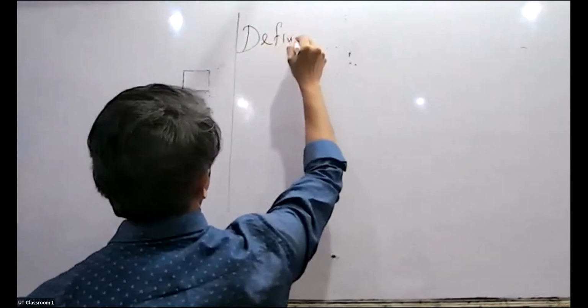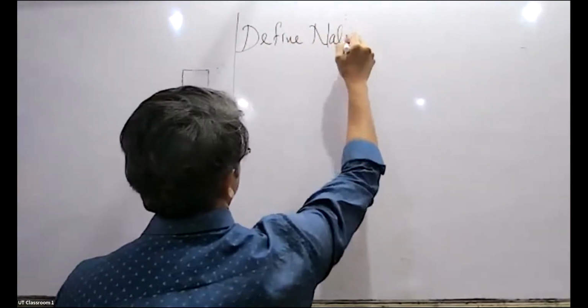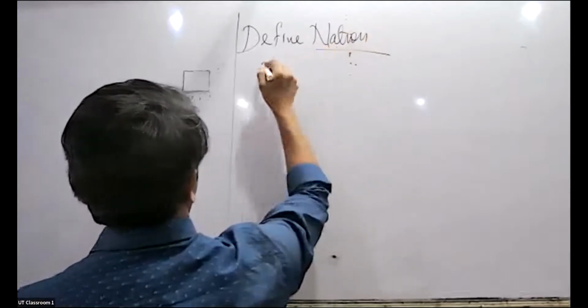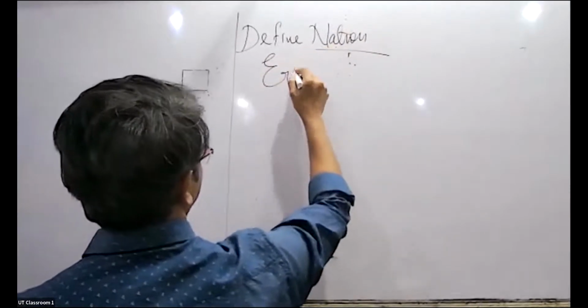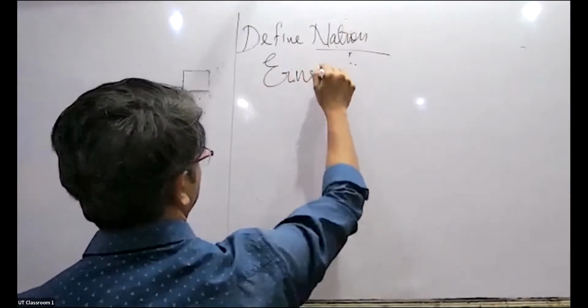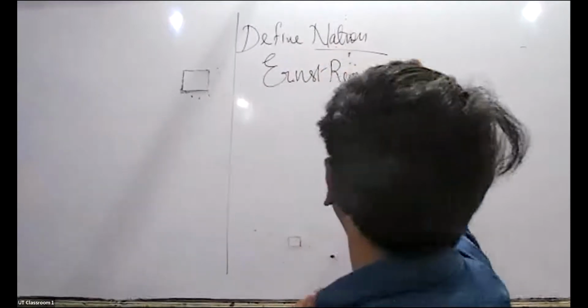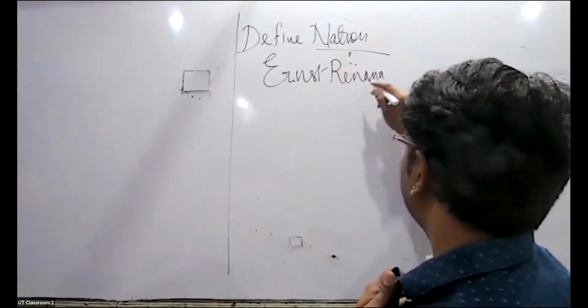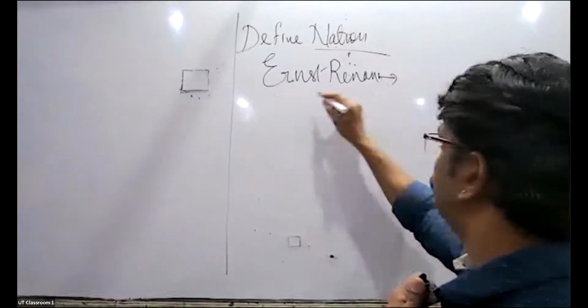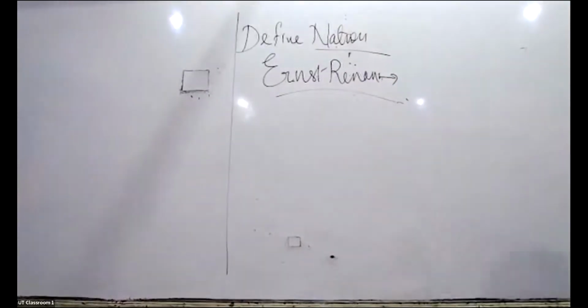Define nation. It is Ernst Renan. Some people say Ernest Renan. I don't know how to pronounce. Ernst Renan. The other one you can directly write, na? I won't give you. Write up. Yes. I'm giving it.